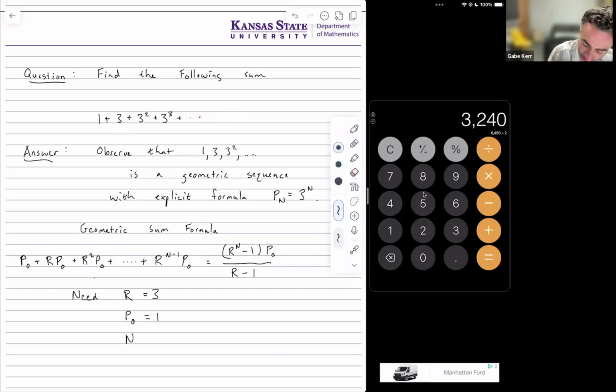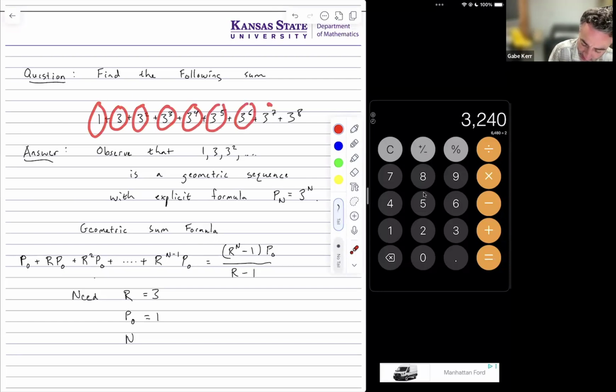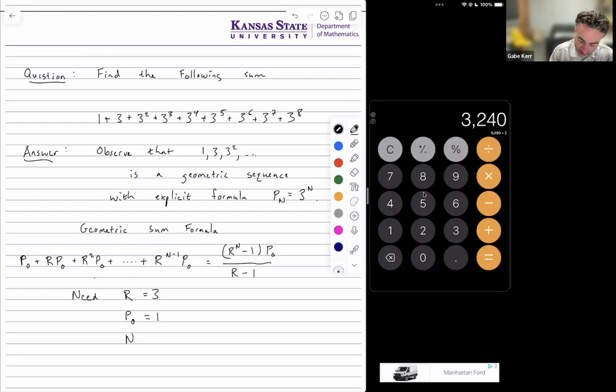Sometimes those dots are not necessary. So this is 3 to the 4th, 3 to the 5th, 3 to the 6th, 3 to the 7th. Okay, let's count: first, second, third, fourth, fifth, sixth, seventh, eighth, ninth. The point is that this exponent is one less. That's one of the reasons why these minus ones are happening all over the place. So n in this case is 9. I've got 9 terms I'm summing together.